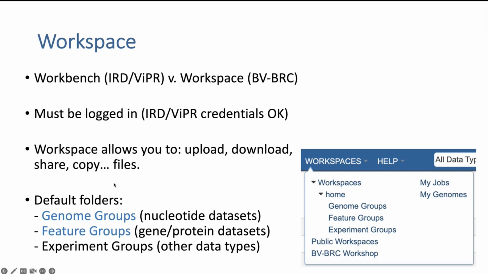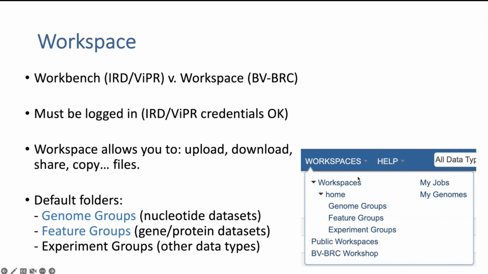But I do want to, again, drive home this idea of the genome groups and the feature groups, because these are going to be the foundation of everything you do in the BV-BRC. The genome groups are where you're going to upload your nucleotide data sets, and the feature groups are where you're going to upload your gene or protein data sets.